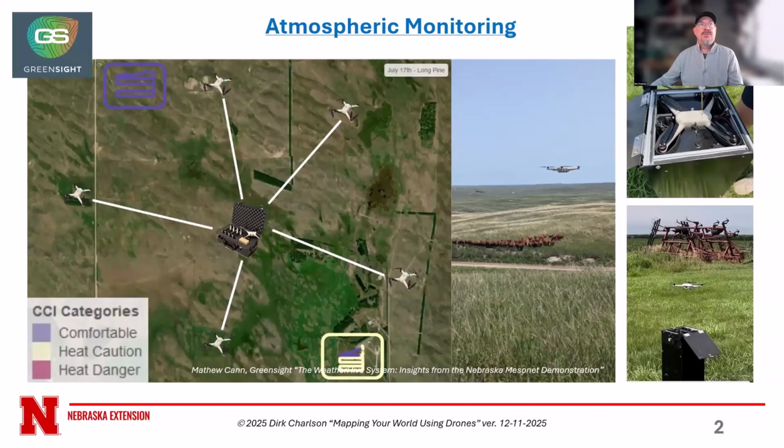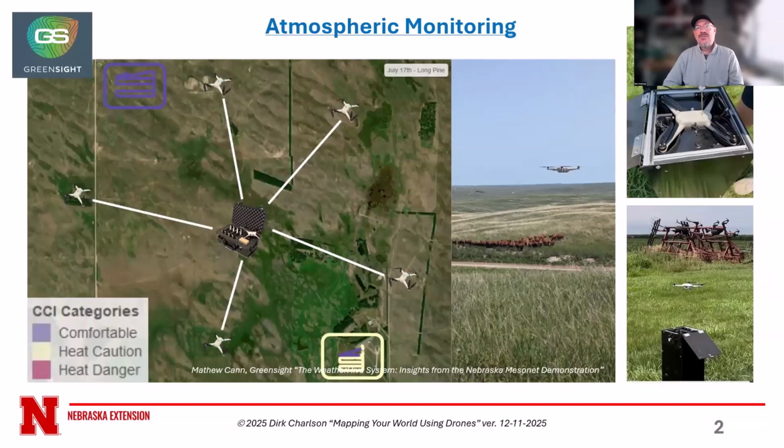Basically, real quick here, what we did is we looked at a ranch in northern Nebraska, and these drones were small drones that had temperature, humidity, barometric pressure, and other atmospheric data. So basically a weather station with propellers.